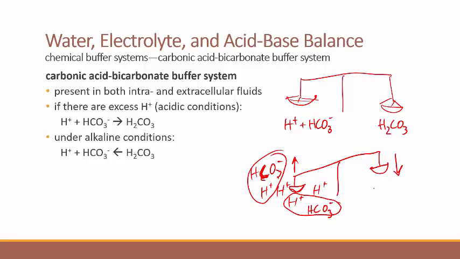And so we get back into homeostasis, nice and balanced, by shoving everything in this direction. That's what I'm showing here with this arrow. If we have an excess of hydrogen ions, that pushes the chemical reaction toward the carbonic acid side of the equation, restoring equilibrium, restoring balance, which gets us back into homeostasis.